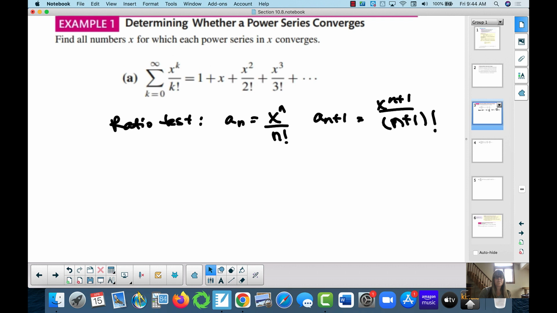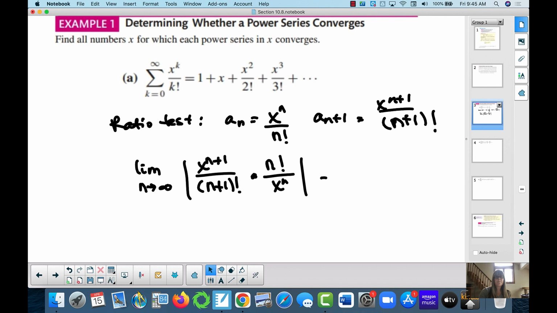So when we do the ratio test, we do the limit as n approaches infinity of the absolute value of a sub n plus 1 over a sub n. And then I'm going to multiply by the reciprocal of a sub n instead of dividing. So the reciprocal of a sub n is n factorial over x to the n.